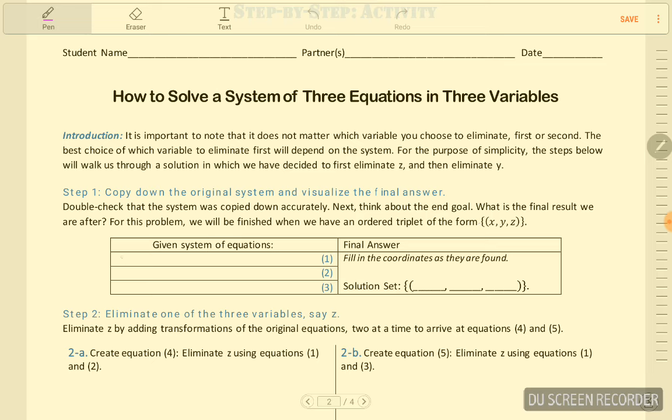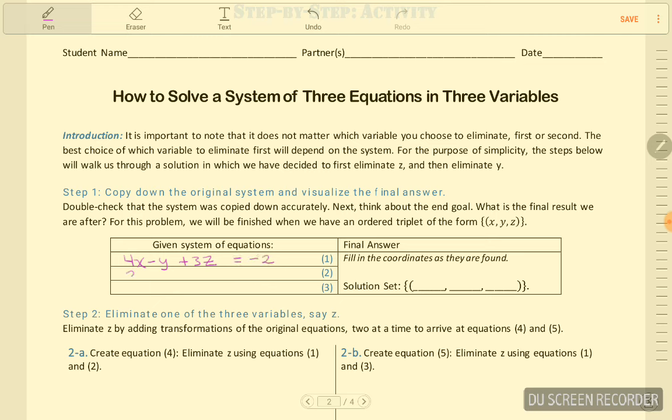So the system is 4x minus y plus 3z is equal to -2. It's equation 1.